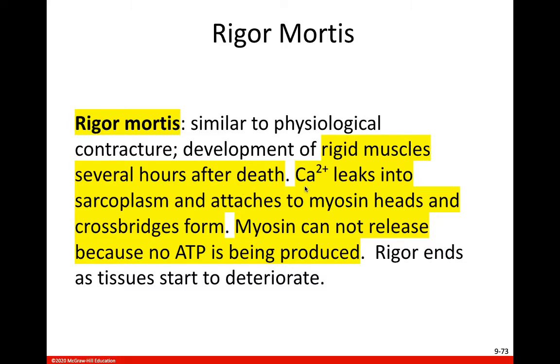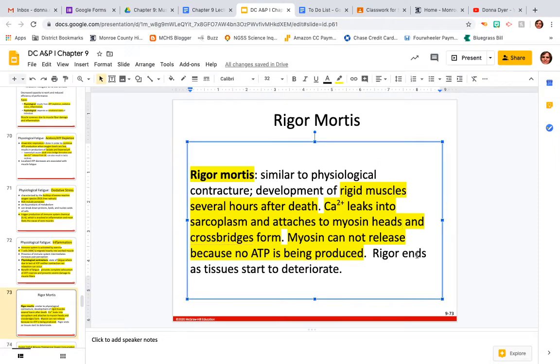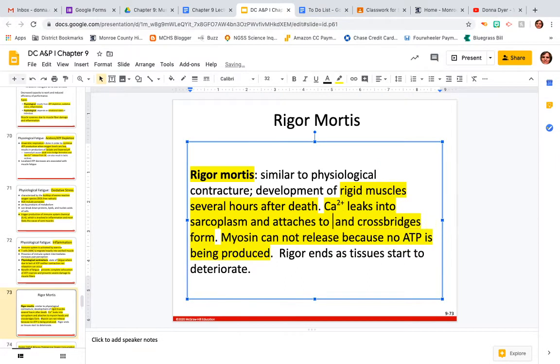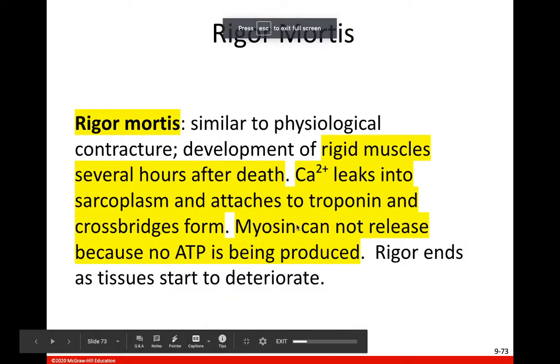The reason for this is that after death, calcium leaks out of the SR into the sarcoplasm and attaches to the troponin, not the myosin heads, which then causes the tropomyosin to remove the block from the myosin heads on the actin, so that myosin attaches to actin and cross bridges form.